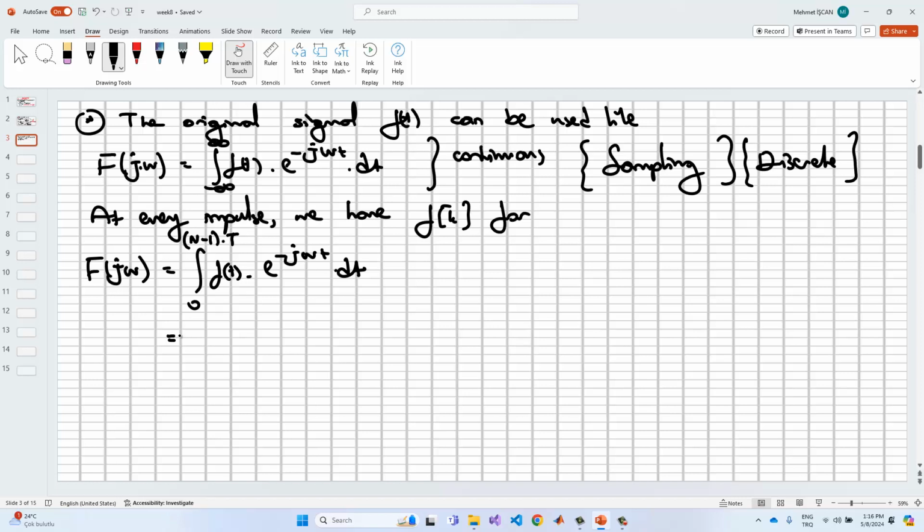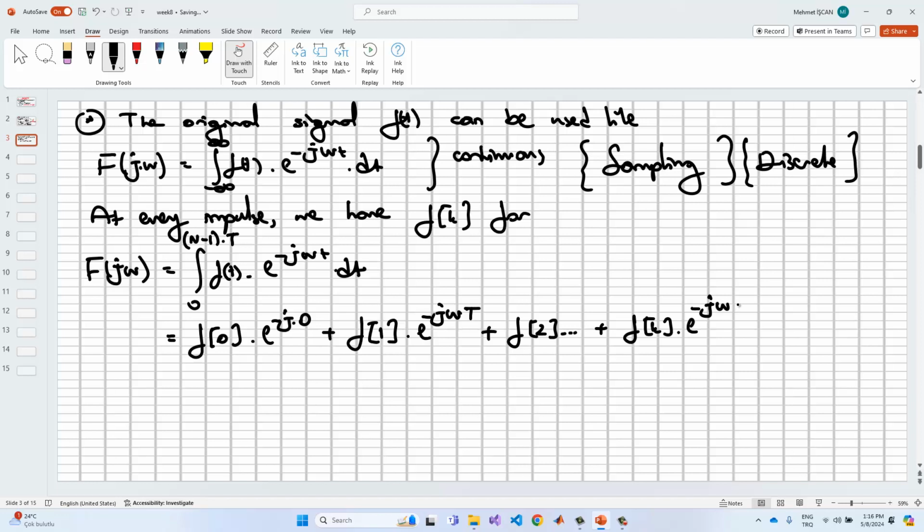And so this integral can be written just like this one: f0 times e to the minus j0, and f1 times e to the minus jwT, right, plus f2 and so on, and also f_k times e to the minus jwkT, right, plus and so on, and at the final value n minus 1, this is our last index in here, e to the minus jw(n minus 1)T.